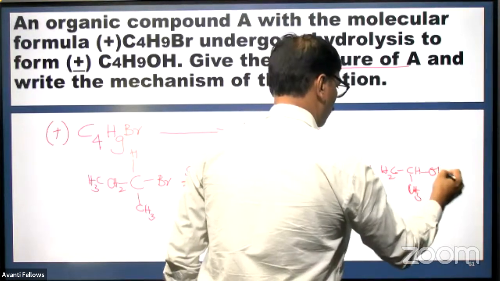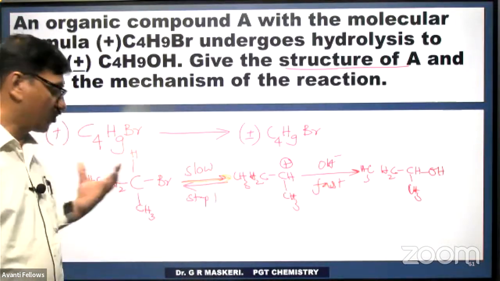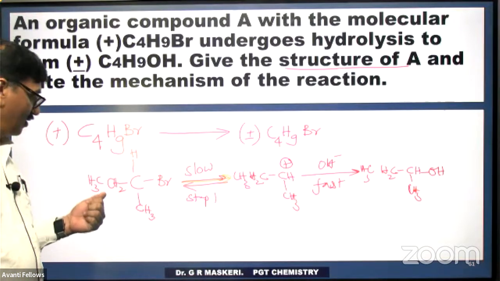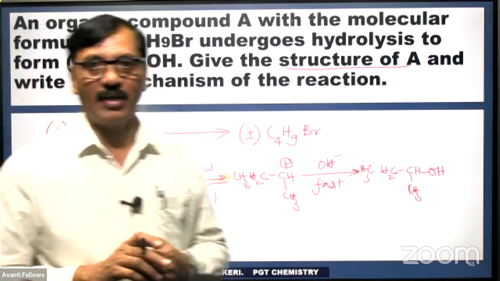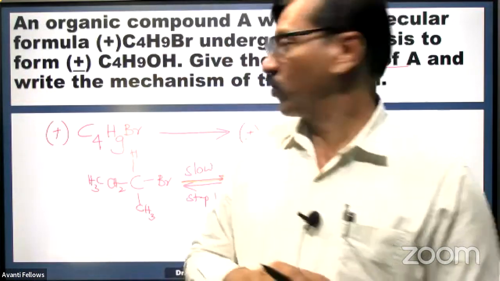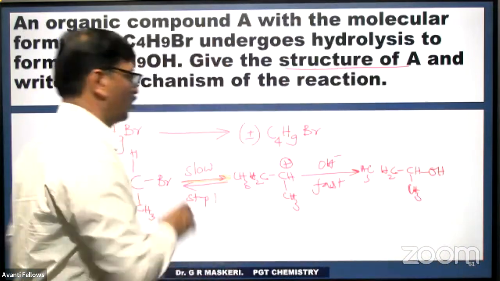This is the mechanism. Writing the structure properly is important, because it should be an optically active compound. Until you have knowledge of optically active compounds and chiral carbon, you cannot do that. So this is the question which has been added. Such questions are likely.